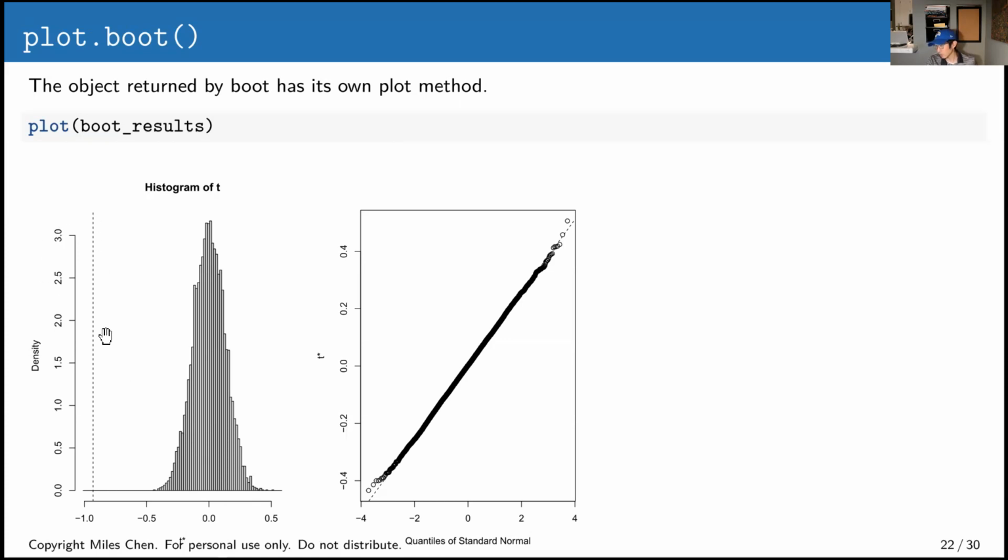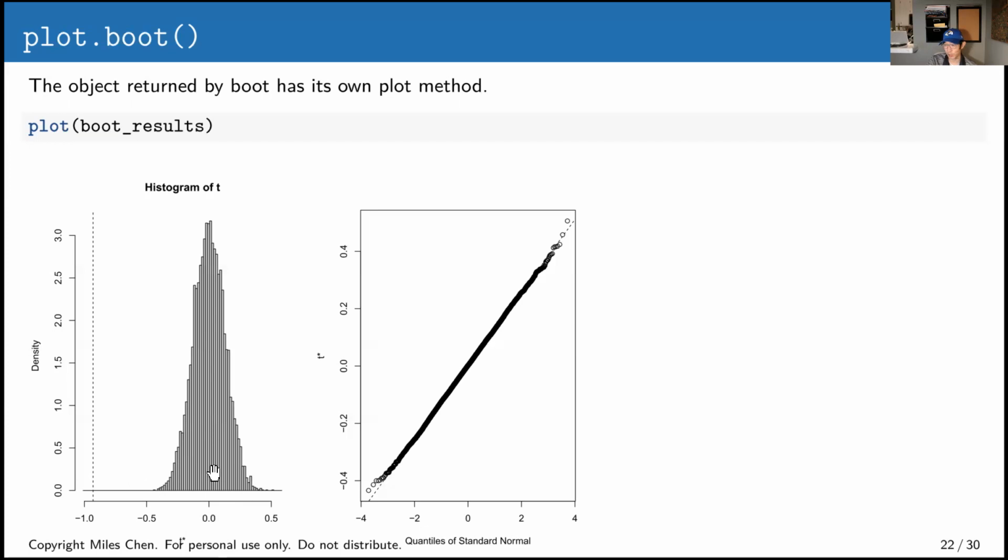This dotted line over here is our T0, the test statistic we got if we didn't do any reshuffling. So if we did no resampling and took the difference of setosa versus versicolor, we got a difference of negative 0.93. And what we can see here is that this kind of difference is almost never going to happen from random sampling.